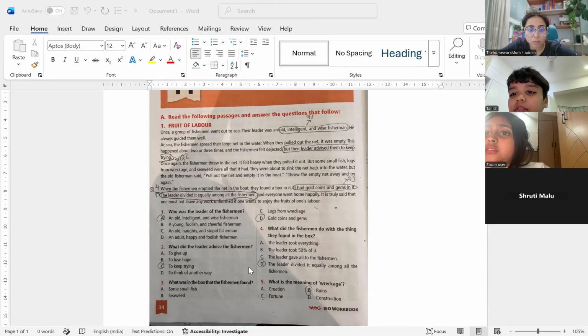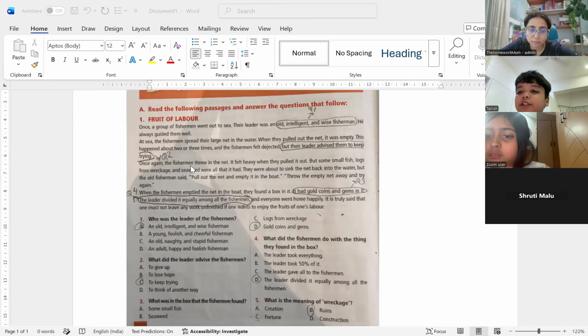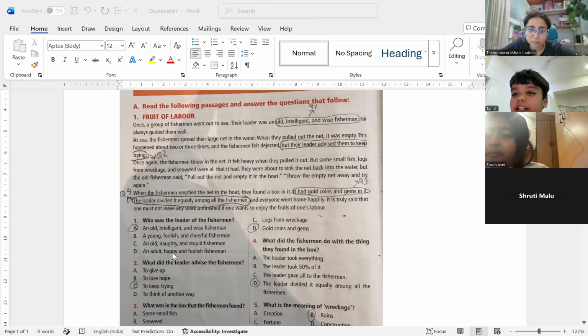Third one, what was in the box that the fishermen found? And you have to start reading from once again. Okay. Once again, the fishermen threw in the net. It felt heavy when they pulled it out, but some small fish, logs from wreckage, and seaweed were all that it had.